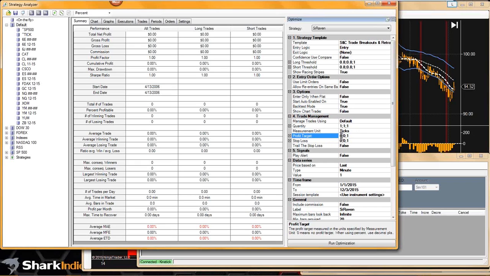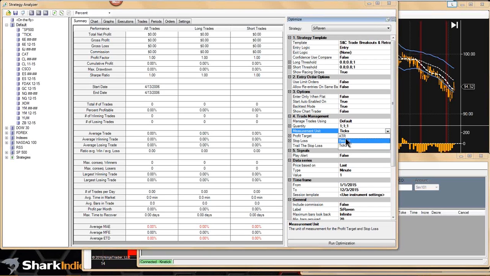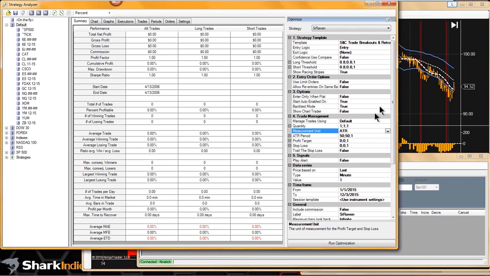And the next step is let's set some profit targets. Since we're dealing with stocks, let's see. That's right, there are no points for this. Yeah, we're dealing with stocks, so every stock has a different volatility to it. So let's use ATR to adjust our profit and stop loss. Let's do a profit target going from, let's say, 2 ATRs to 6 ATRs, and now let's just go to 5, and we'll do an increment of 1.